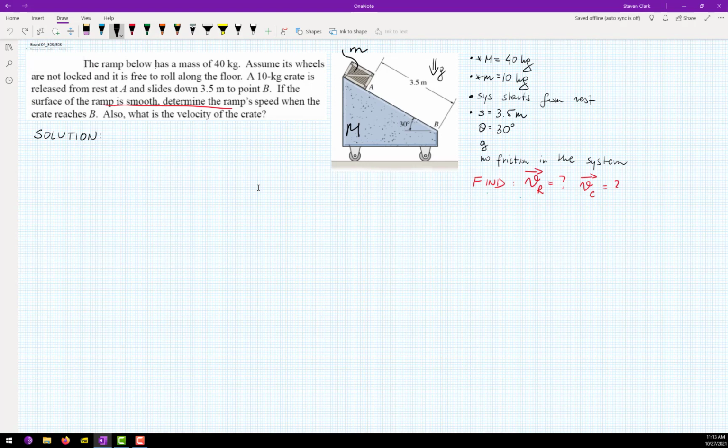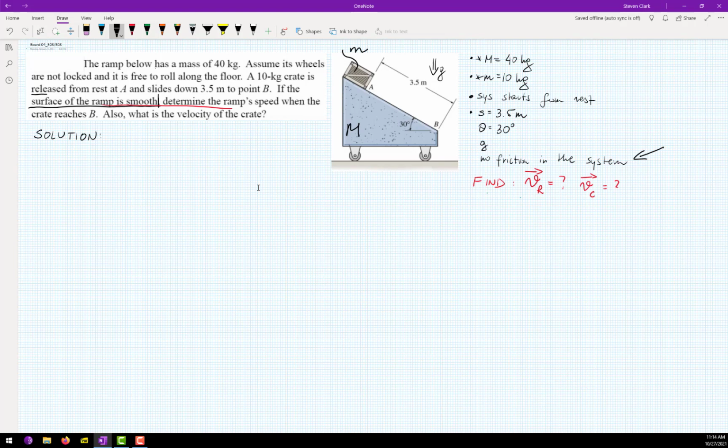Okay, the system starts from rest, and we know that this angle is 30 degrees. We also know that there is no friction in the system. Yes, zero friction, and we'll use that information within like 10 minutes. Okay, and how do we know that there is no friction? Because they told us that the surface of the ramp is smooth.